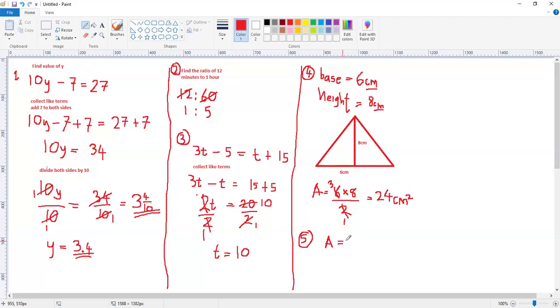This is how we usually write it: pi times r squared. Does it look familiar? Pi times radius squared.